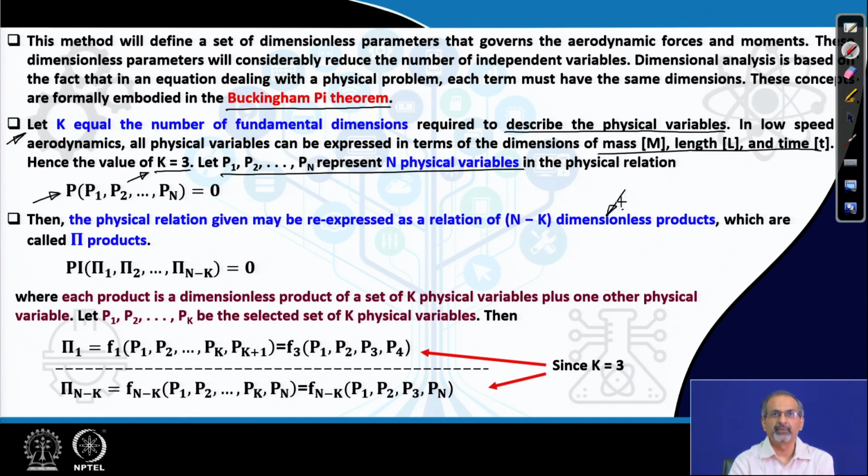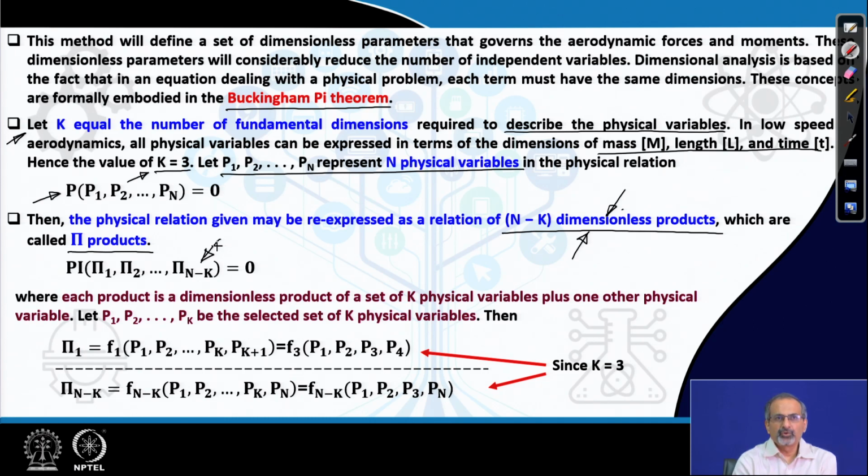So, from n dimensional physical variables, we are now going to a lesser number of dimensionless products which we will call pi products. Of course, these n dimensional physical variables will be combined in some sense to give rise to these n minus k dimensionless products. So, this is the representation of the pi products.